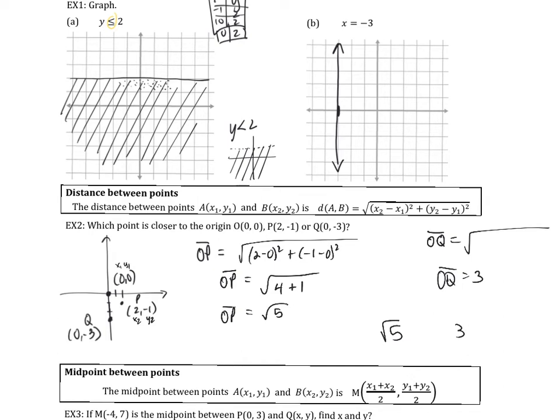If I'm looking at what is 3 equivalent to, that would be the same as square root of 9. So 3 is definitely bigger than, square root of 9 is bigger than square root of 5. So Q is further. So that means that point P is closer.